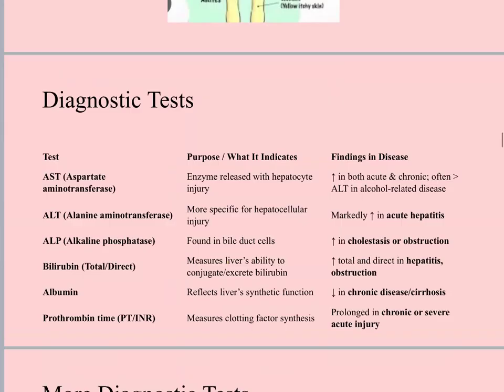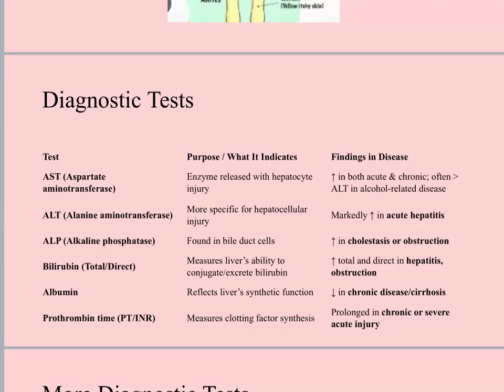Here are some different diagnostic tests that we do. It lays out all the blood tests and what they look like. I just want you to have a general idea of what they are and what they look at. An ultrasound is often used when somebody has hepatitis or cirrhosis.